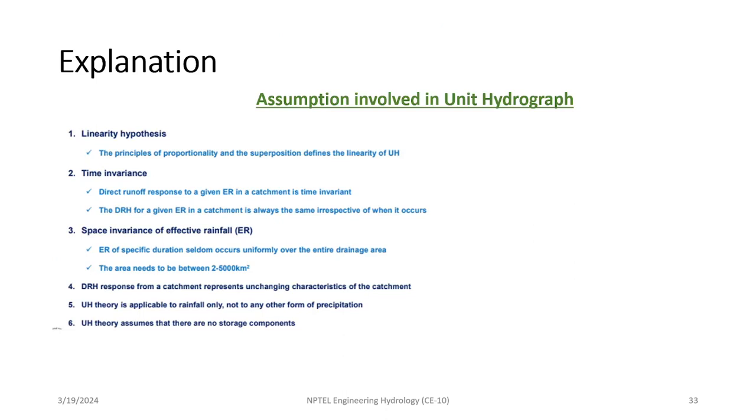Look at this line, time invariance: the DRH for a given ER in the catchment is always the same irrespective of when it occurs. Whatever the month may be, it won't change, it will remain the same. Clear to all? Yes, clear.